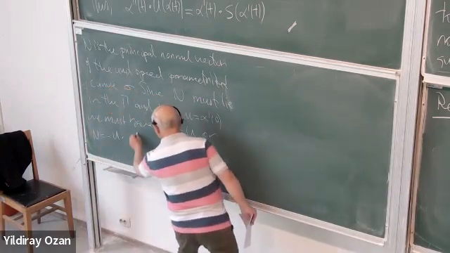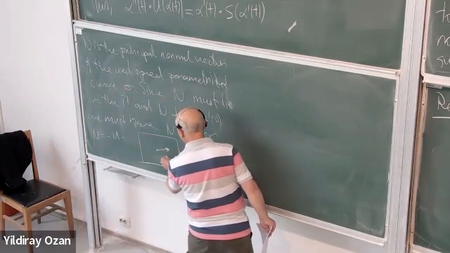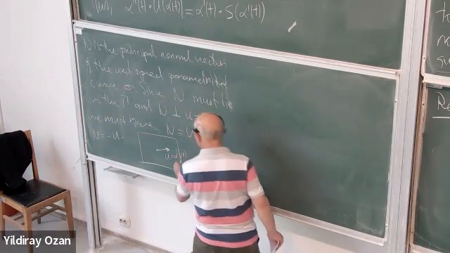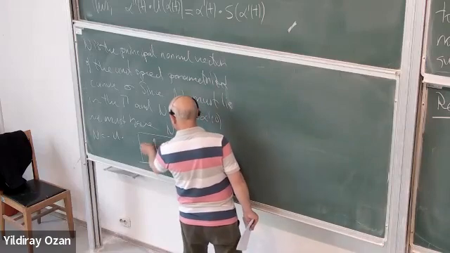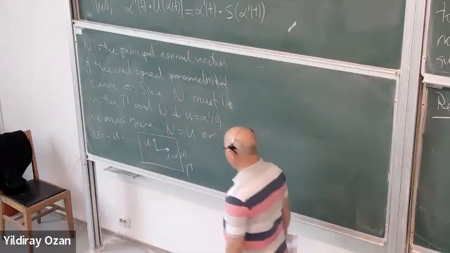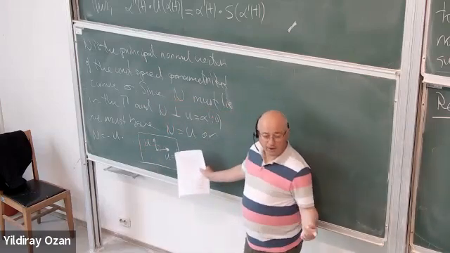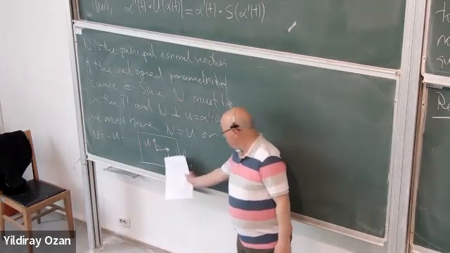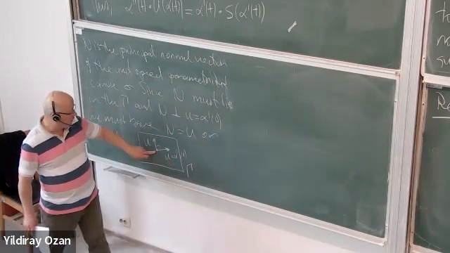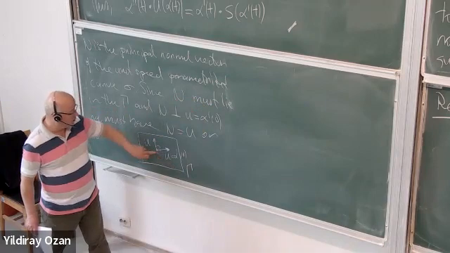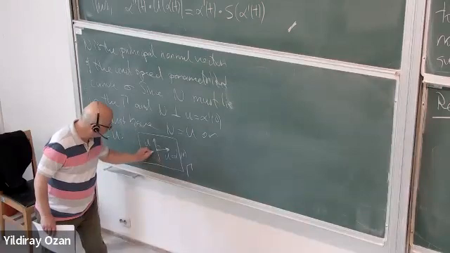Because you see, this is my plane gamma, and here is my u vector, sigma prime 0, and n is another vector in the plane perpendicular to u. So there are only two unit vectors perpendicular to u in this plane. It is either this vector or its negative, minus u, right?